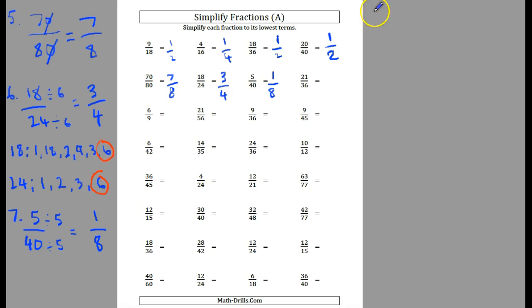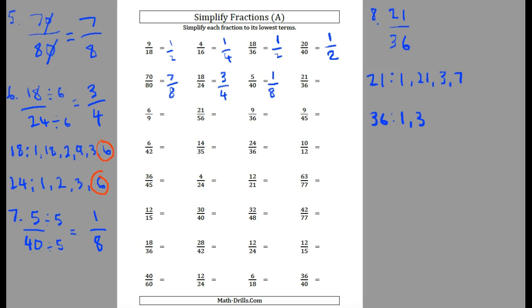All right, let's move on to question 8. 21 over 36. Okay, again, you can write your factors, might be the easiest way to go for this one here. So 1 and 21, 2 doesn't go into it, 3 and 7, that might be it. 36, what do we got? 1 is the same, 21 doesn't go into 36, but 3 does, and 7 doesn't.